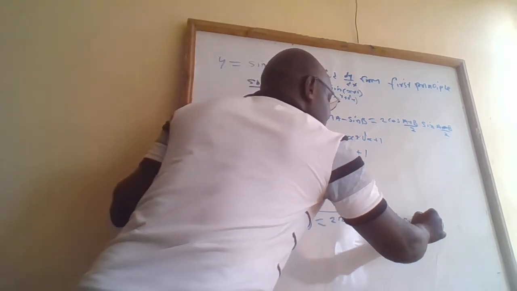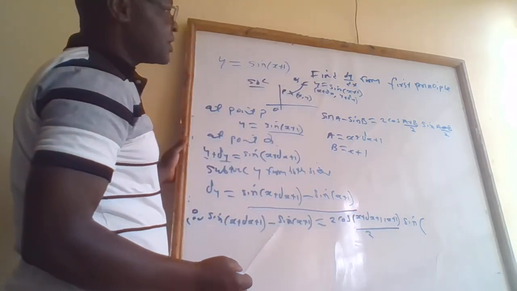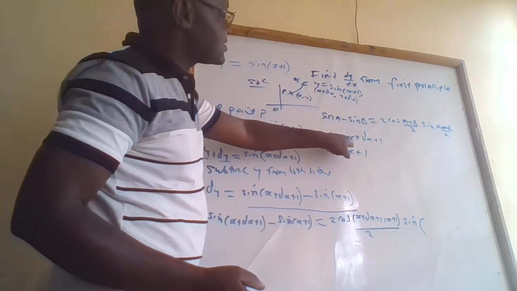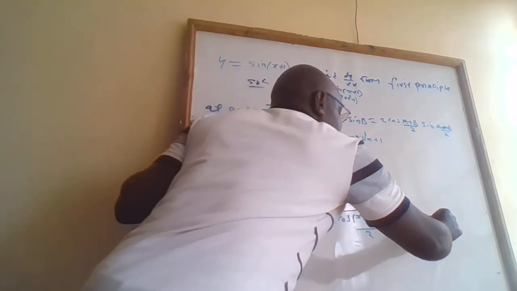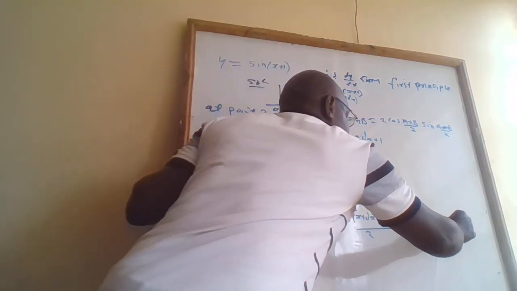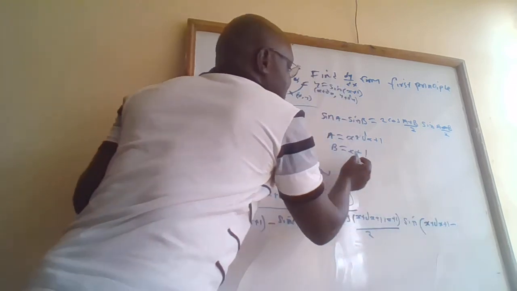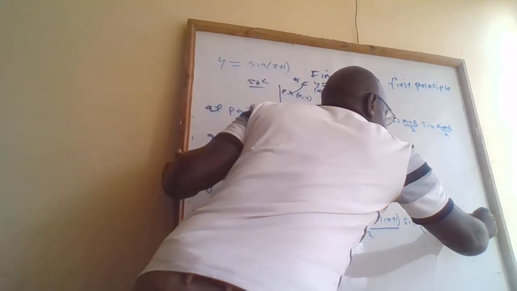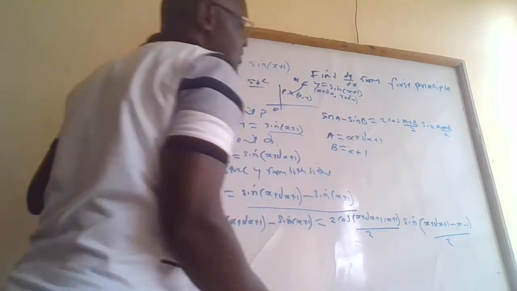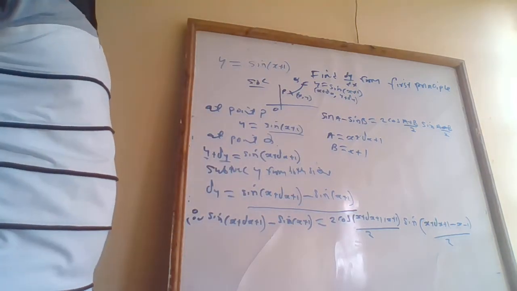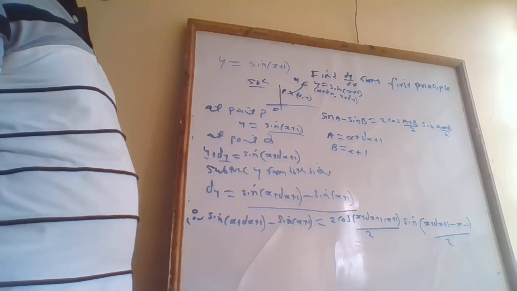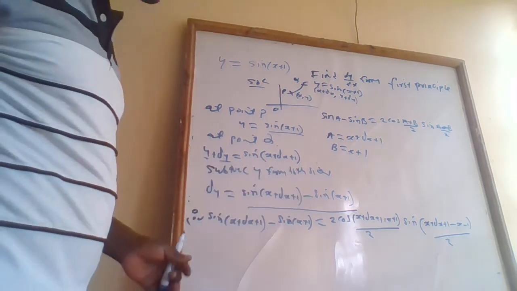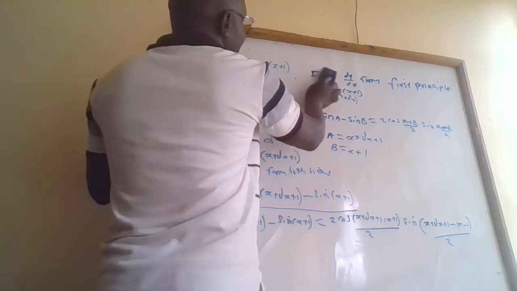Then A minus B: x plus del x plus 1 minus x minus 1, all over 2.